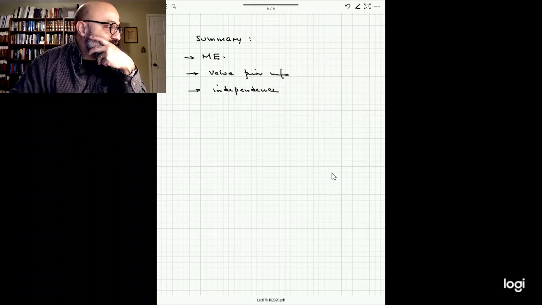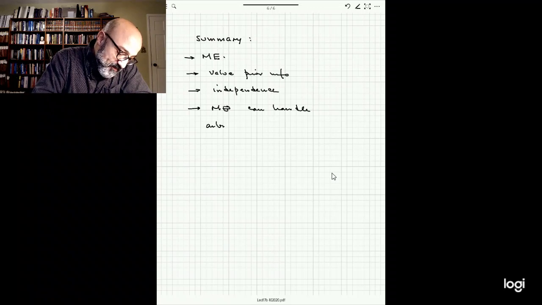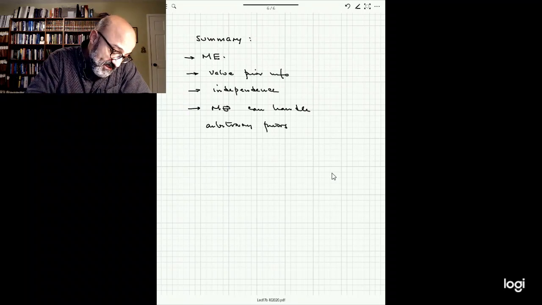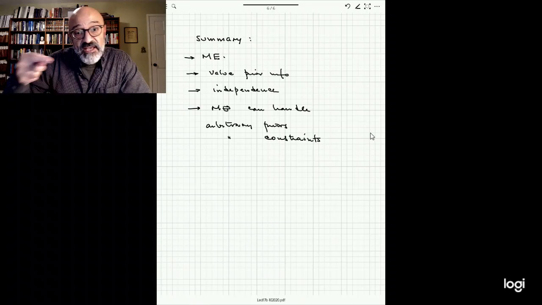Let me see. What else can we say here? The method ME can handle arbitrary priors, which maxent couldn't, and it can handle arbitrary constraints. In other words, arbitrary forms of information, which Bayes couldn't.